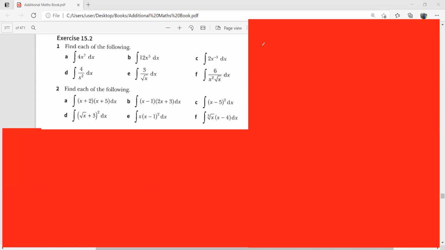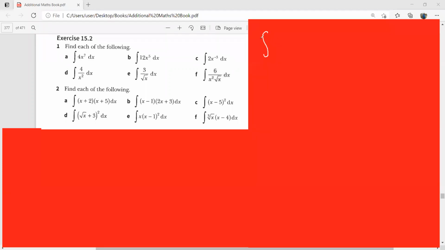When you were applying that technique, you had to get rid of all the products or quotients and write your expression in the simplest form. Okay, so we are very happy to integrate this 4x to the power 7.